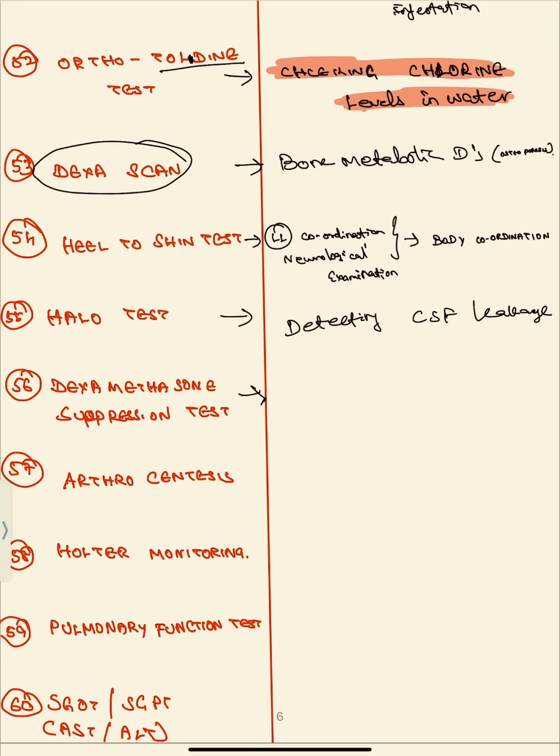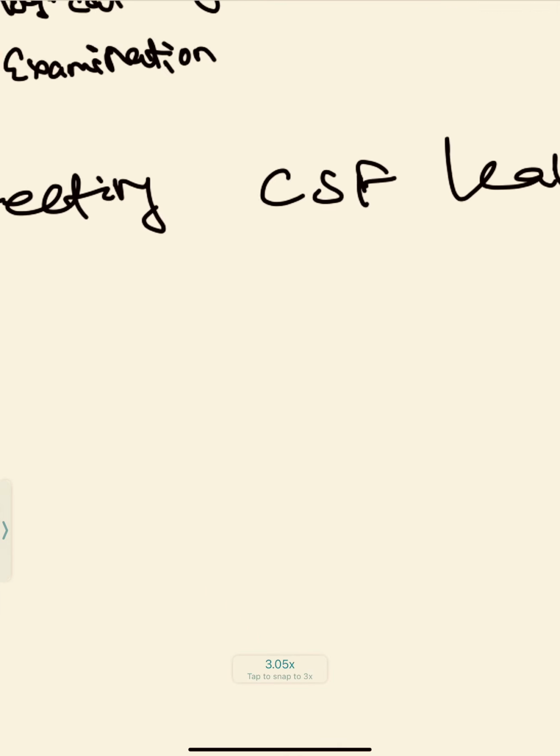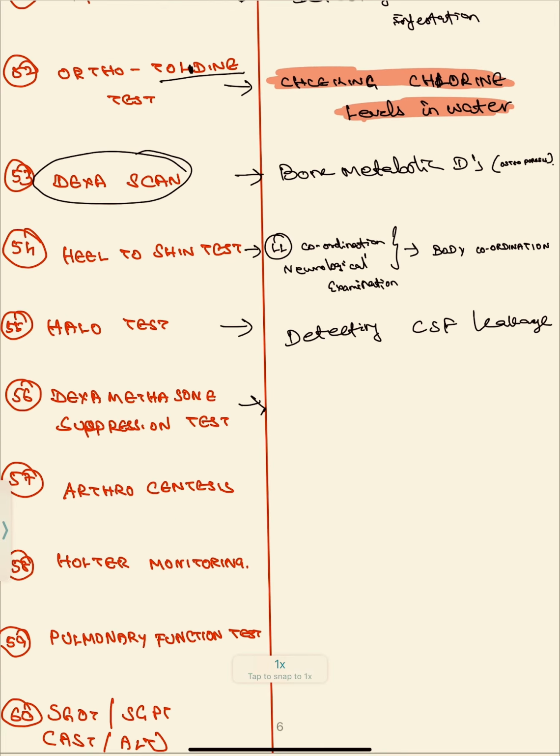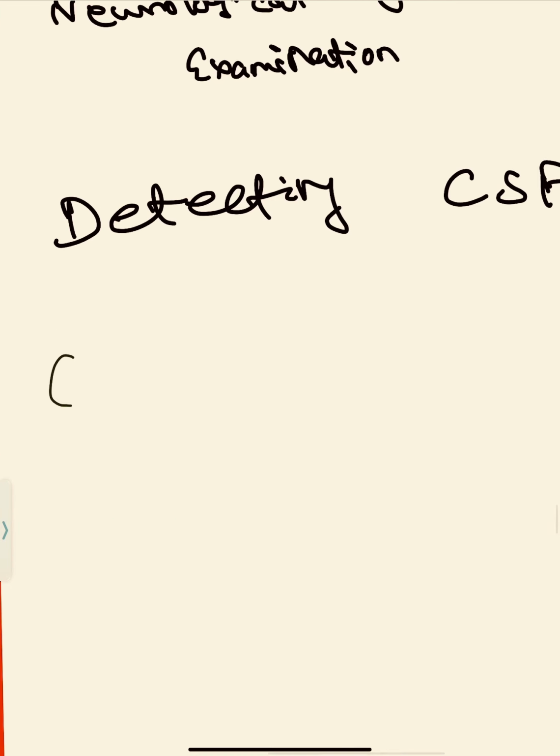Dexamethasone suppression test. It's for diagnosing Cushing syndrome by assessing the adrenal gland function. Now let me write it here. The key feature is that it is used to diagnose Cushing syndrome by assessing adrenal function.